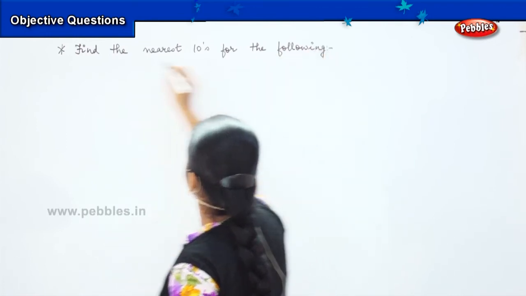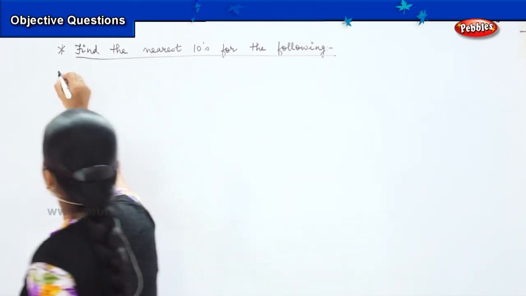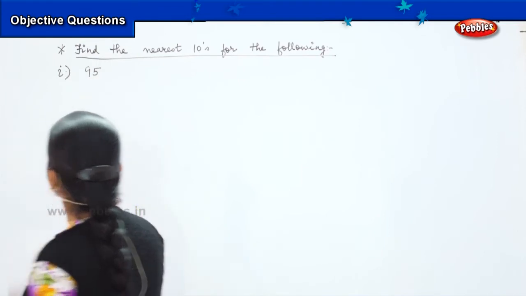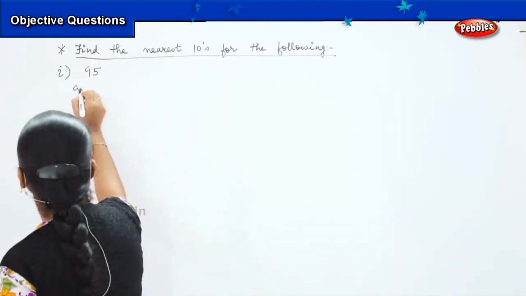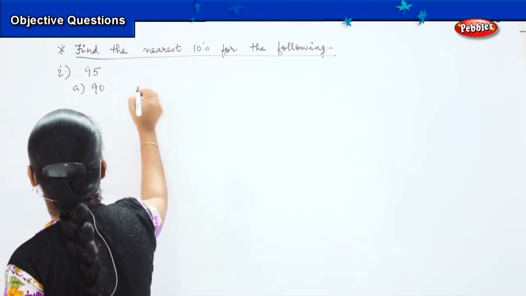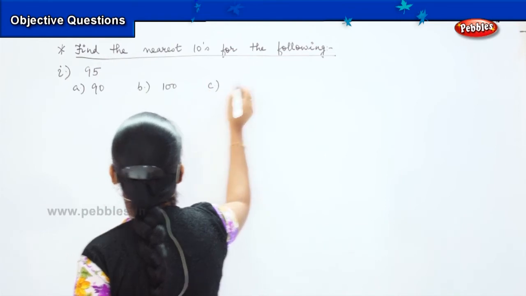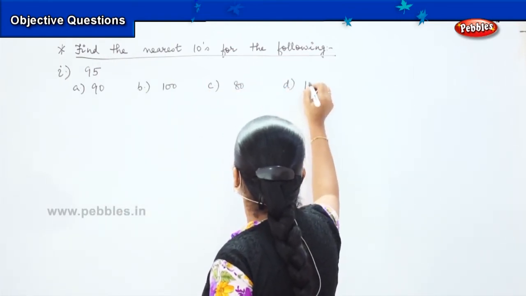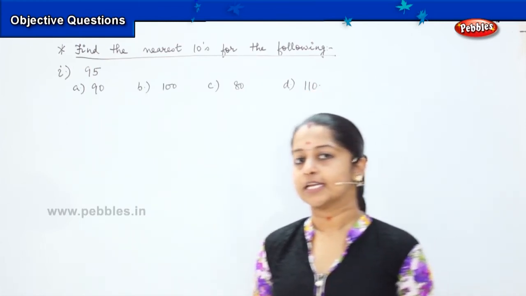My first question is, you need to tell me the nearest 10 for 95. And my options are 90, 100, 80 and 110.